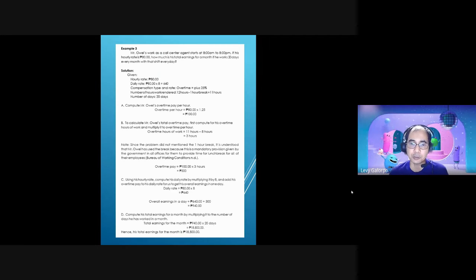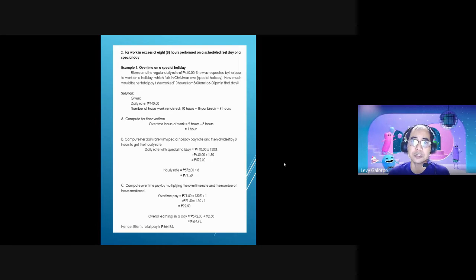Then, compute his total earnings for a month by multiplying it to the number of days he has worked in a month. So, total earnings for the month is equals to 940 times yung 20 days niya na tinrabaho. Magkano? 80,800. Hence, his total earnings for that month is 18,800.